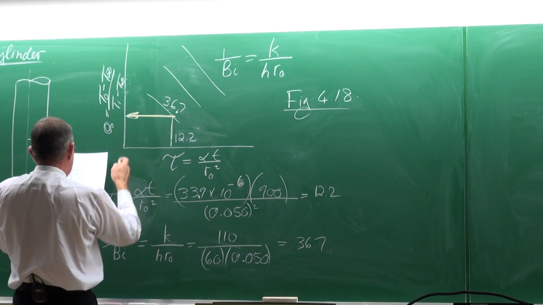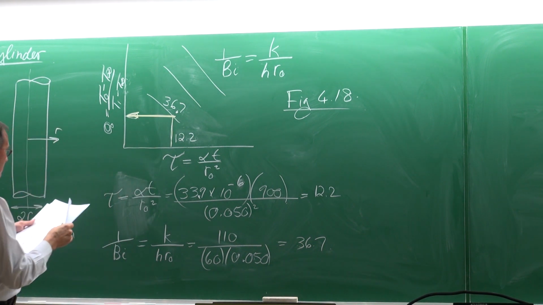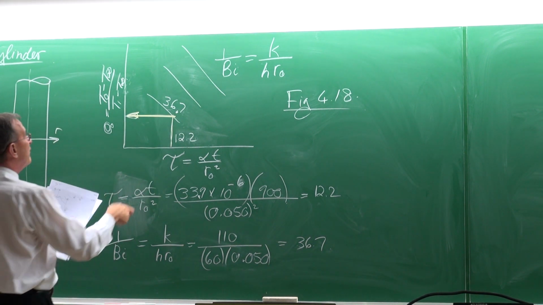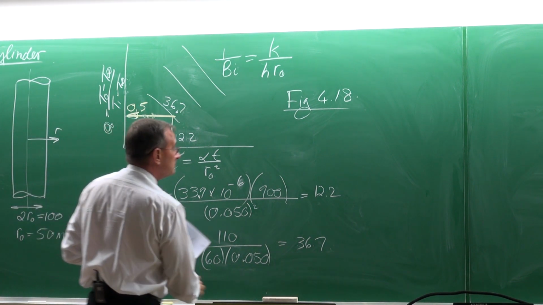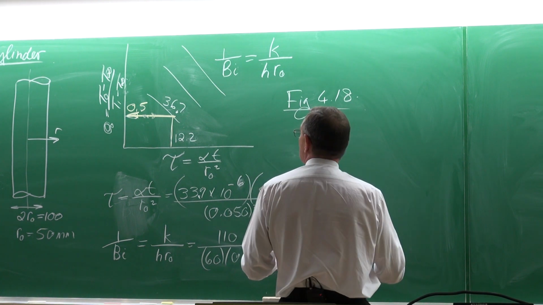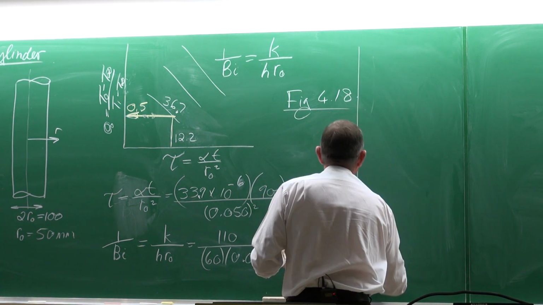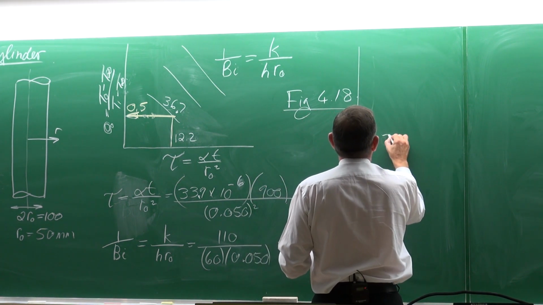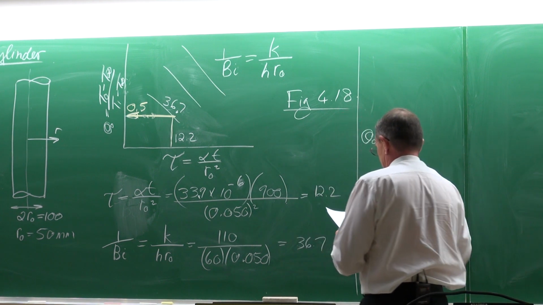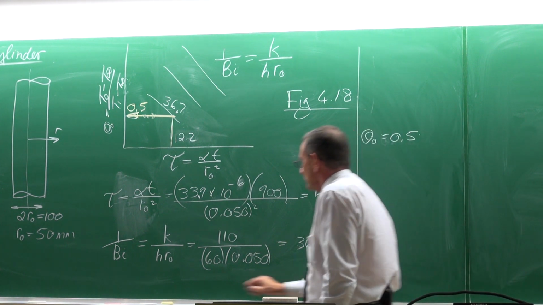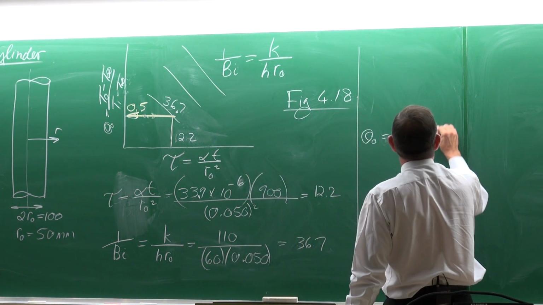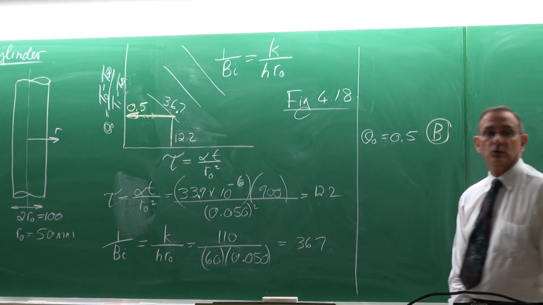And from it, we can get the non-dimensionalized temperature, theta 0, as 0.5. And this is going to be solution B.